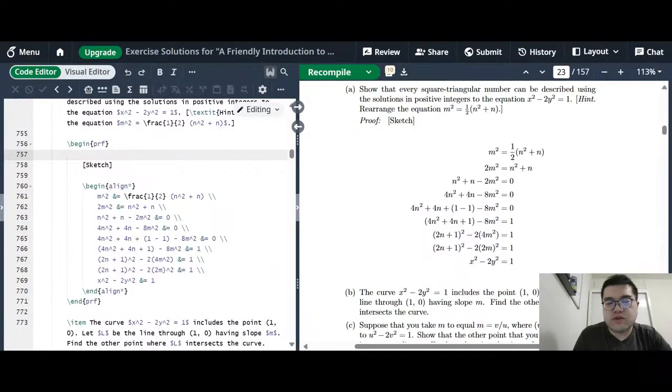So basically, the sketchwork is actually quite close to our final answer.